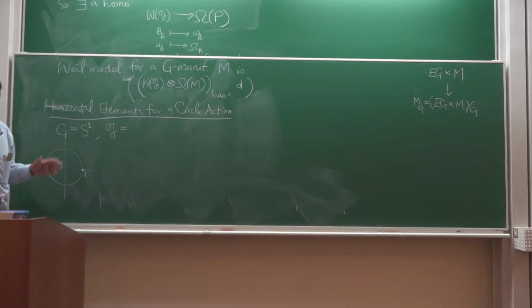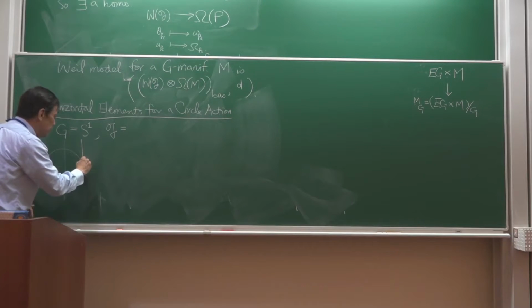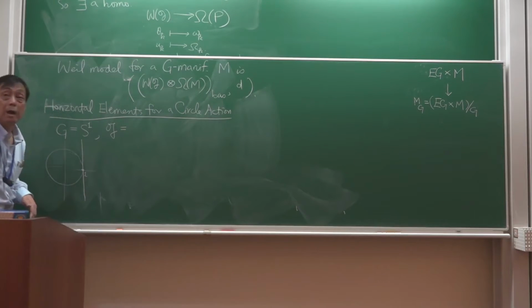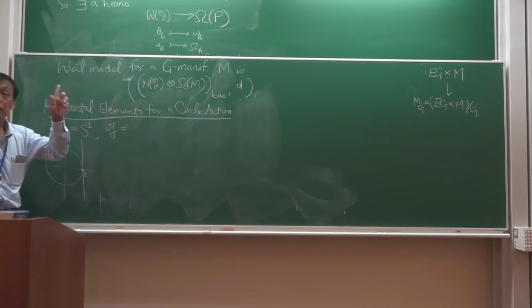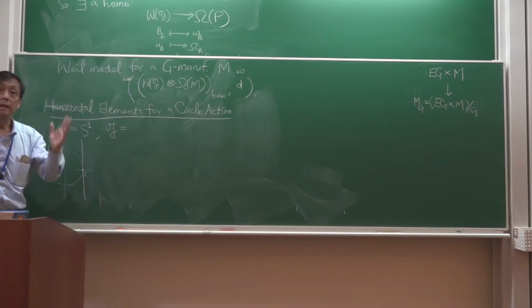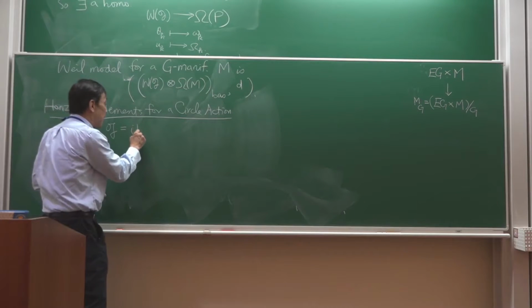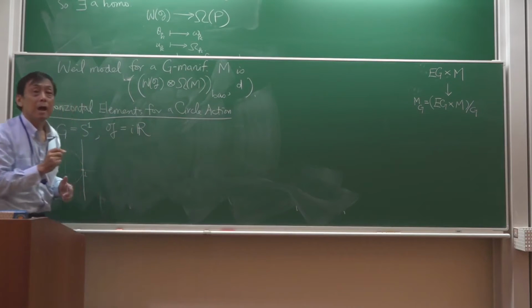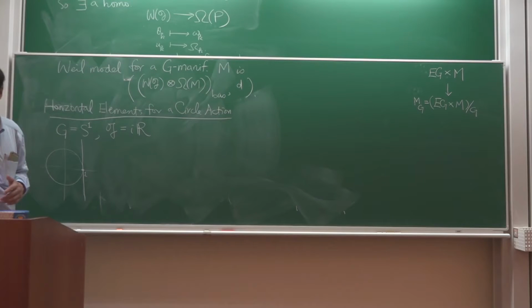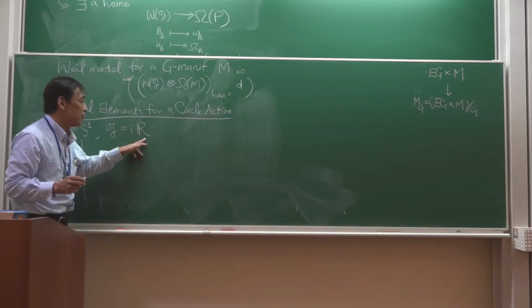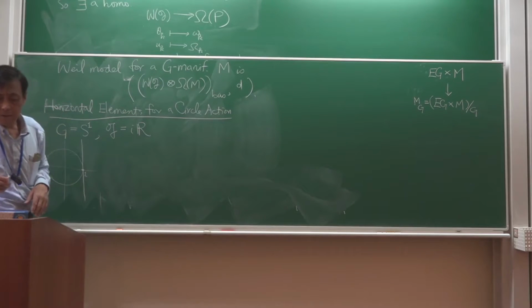Okay. So the Lie algebra is the tangent space to the identity. So it's this vertical line. Okay, so it is the imaginary line. Yeah. The Lie algebra is i times R. Of course, this is isomorphic to R.